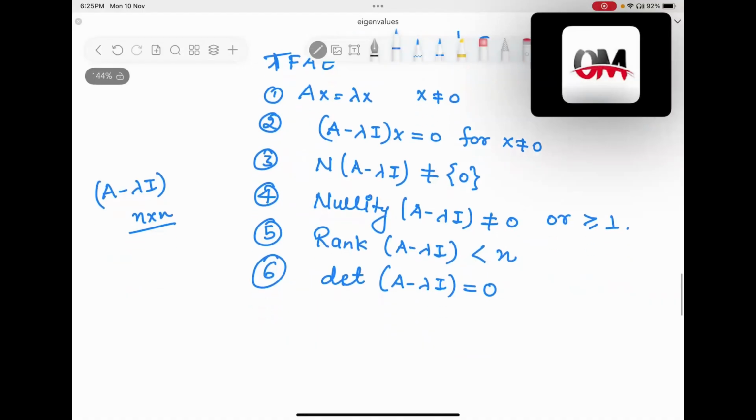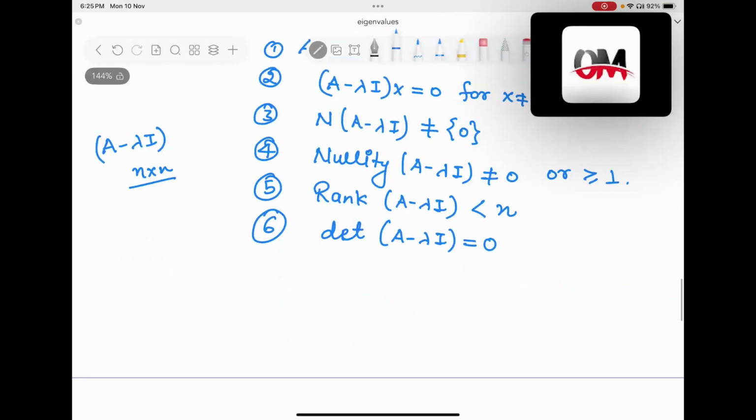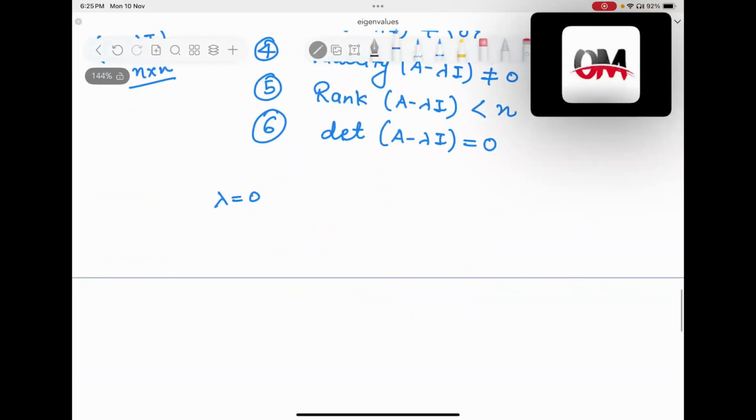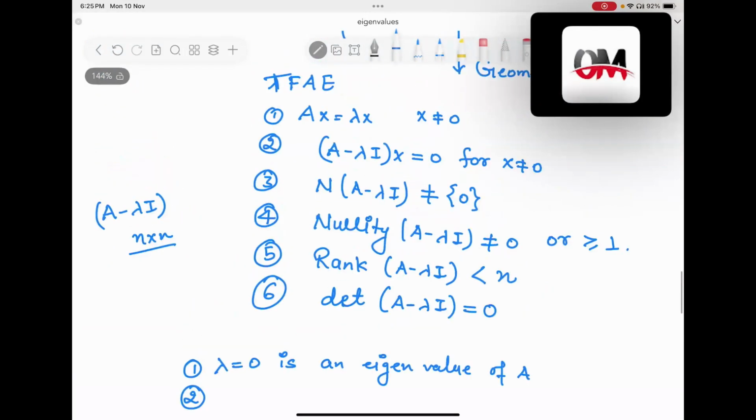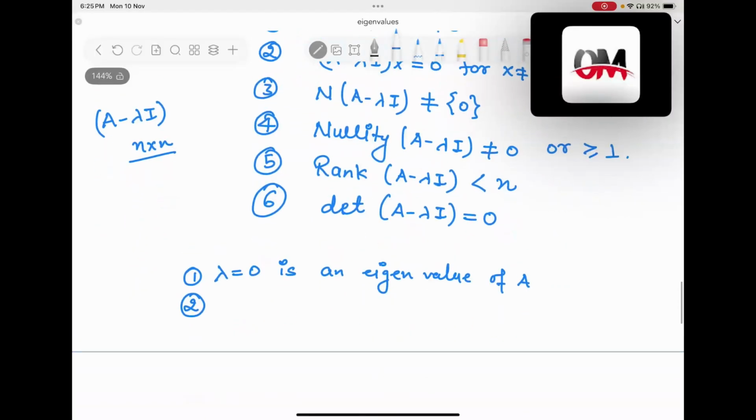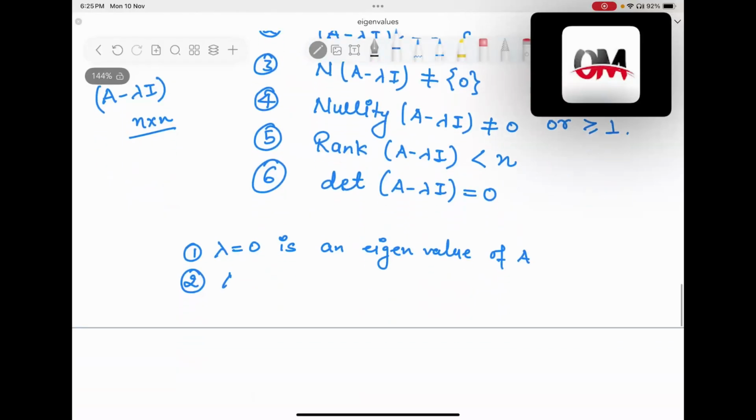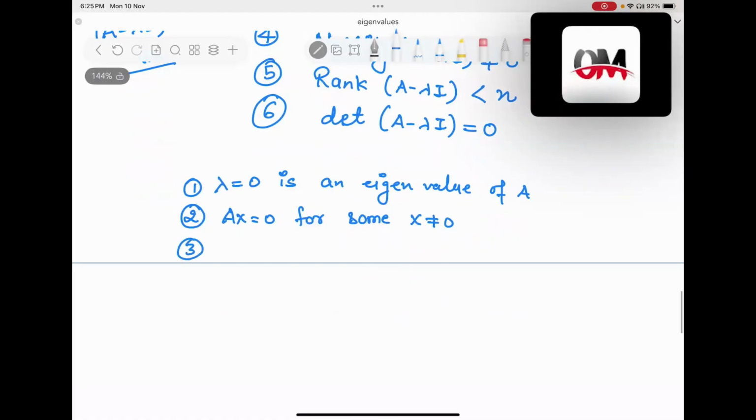Right? Now if we take the particular case, suppose we take lambda equals 0. Then lambda equals 0 is an eigenvalue of matrix A if and only if, the first statement Ax equals lambda x, so if you put lambda equals 0, Ax equals 0 for some non-zero x. Now the third statement will be the null space of A is not equal to 0.